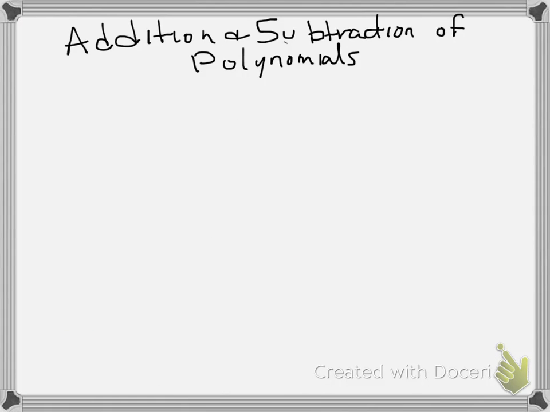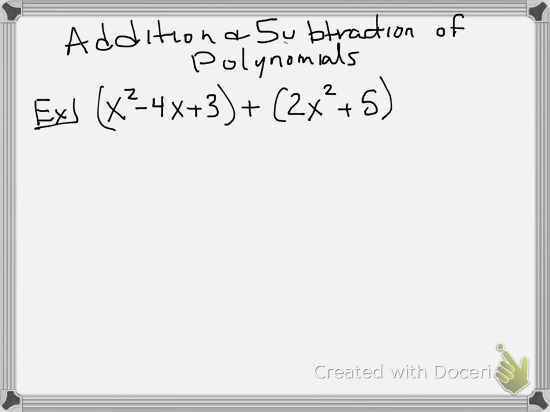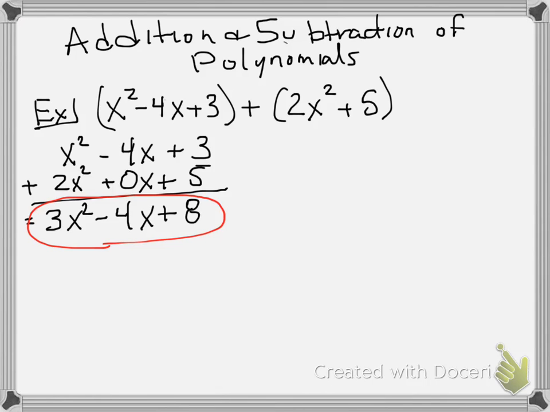Good. Okay, so now how do we add and subtract them? Very straightforward. What we're actually going to do is add or subtract terms with the same degree. If we're adding this polynomial to this polynomial, I'll just stack them.